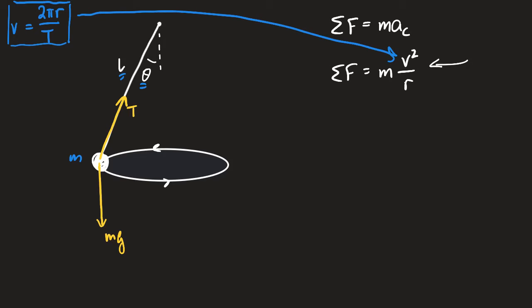So I'm thinking what we need to do is consider a coordinate system that's aligned towards the center of the circle. And that coordinate system would have the y direction and the x direction.